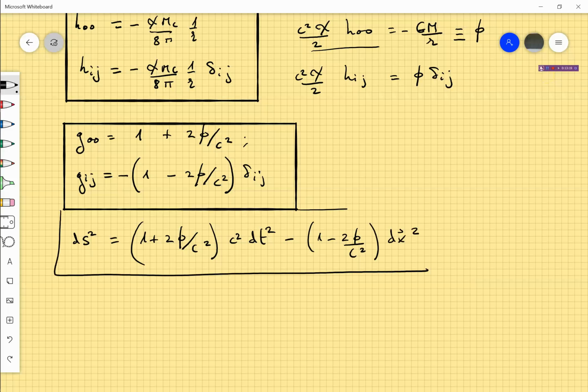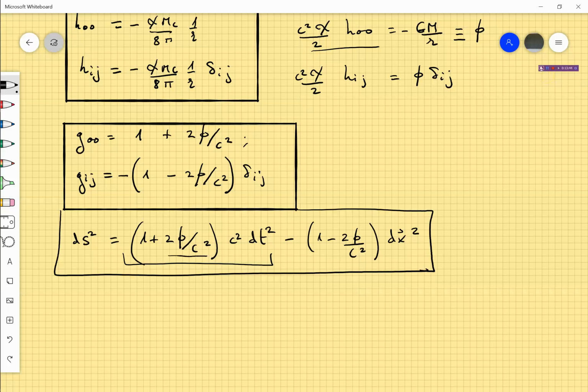Okay, and here we are. Now remember that we obtained this part of the metric. We showed that in the non-relativistic limit the potential could be obtained from a metric if we modified the Minkowski metric adding this piece.